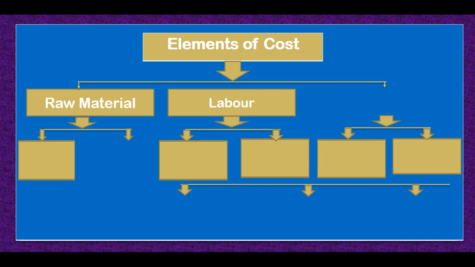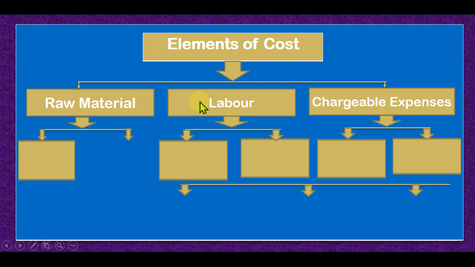Then we need labor. That means for processing this raw material, we need some workers and we have to pay wages to them. So, this is the second important element for production. Dear student, then chargeable expenses. That means only with the help of raw material and labor it is not possible.